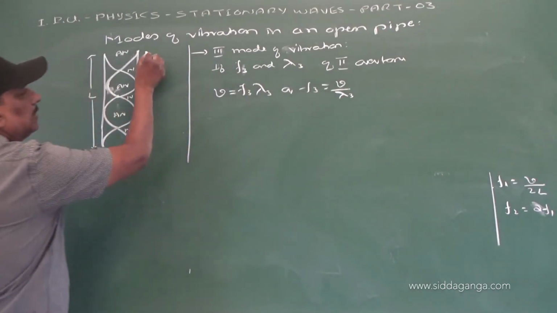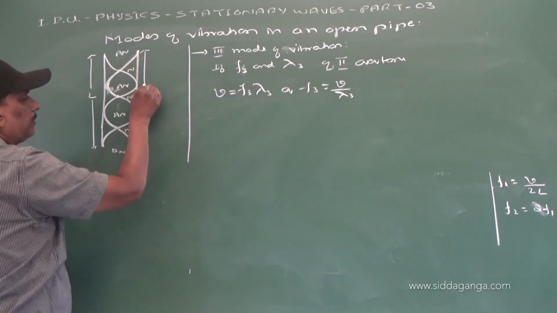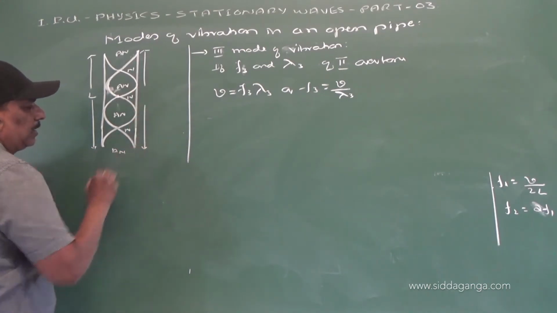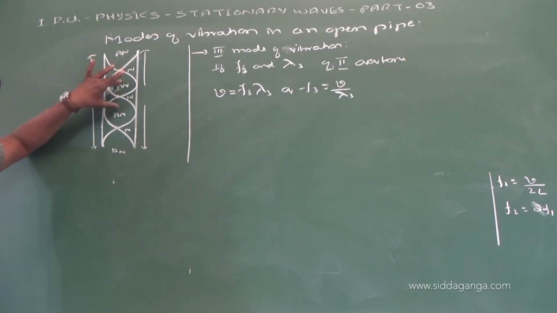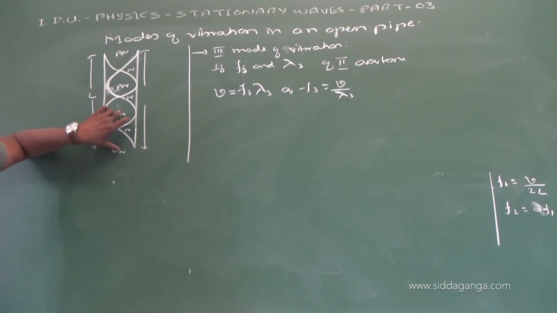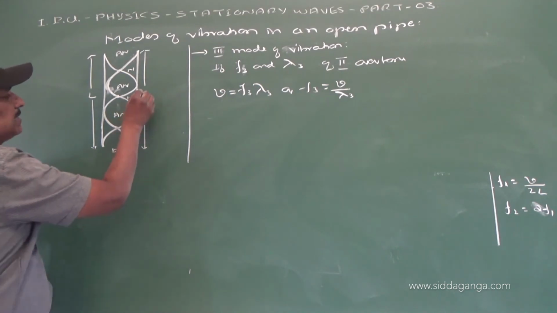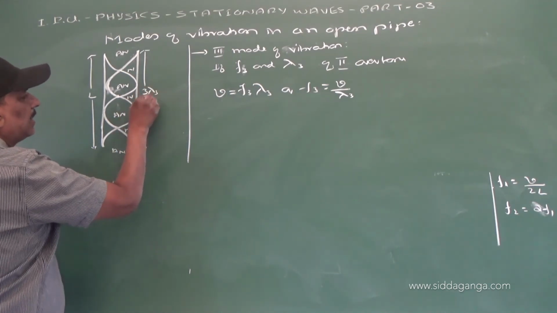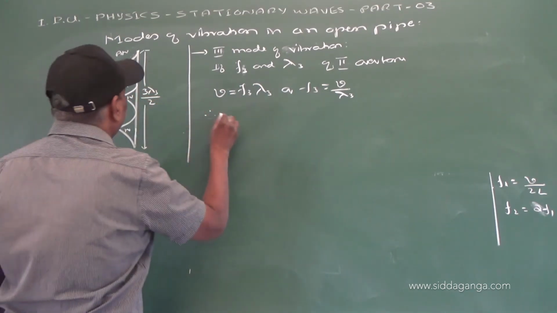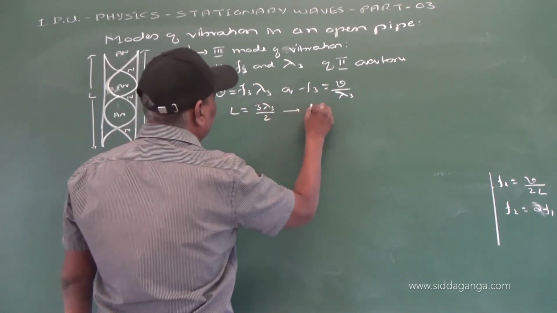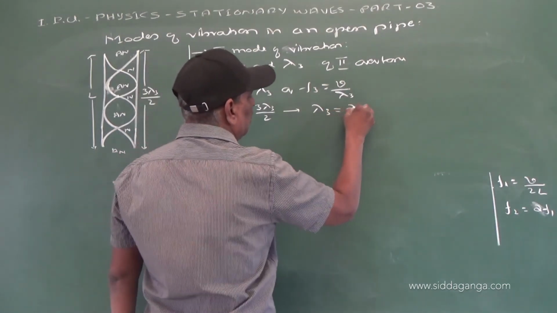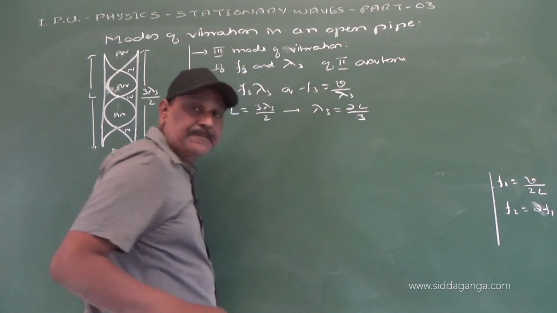Now here, this distance we take. This distance is lambda 3 by 2, this distance is lambda 3 by 2, and this distance is lambda 3 by 2, that is 3 lambda 3 by 2. Therefore, L is equal to 3 lambda 3 by 2, which implies lambda 3 is equal to 2L by 3.